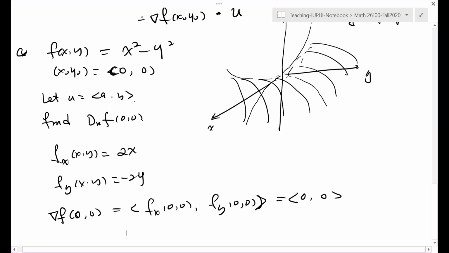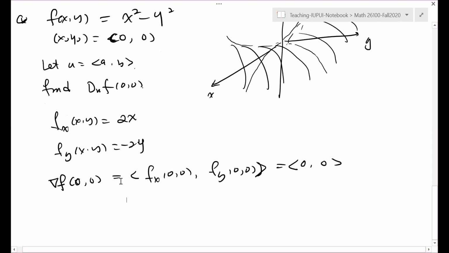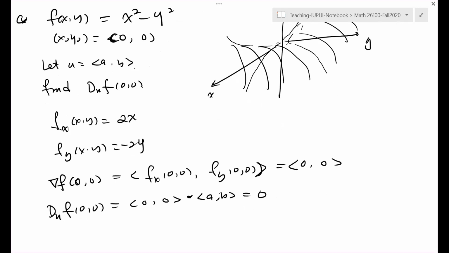It's going to be (0, 0), the trivial vector. Since this is 0, the directional derivative is really independent of the direction. It's always equal to 0 at that particular point.